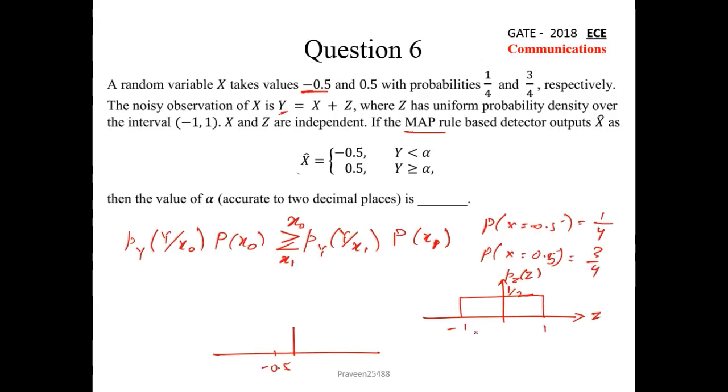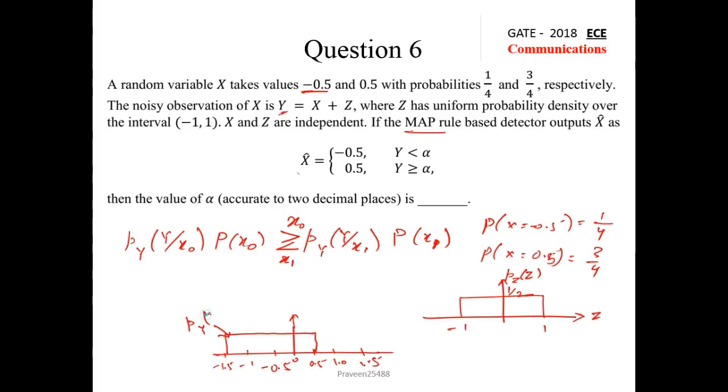So z is varied from minus 1 to 1. The distance of this is 2. So here it will vary from minus 1.5 to 0.5. This is 0, this is 1.0 and 1.5. So here it will vary from minus 1.5 to 0.5.